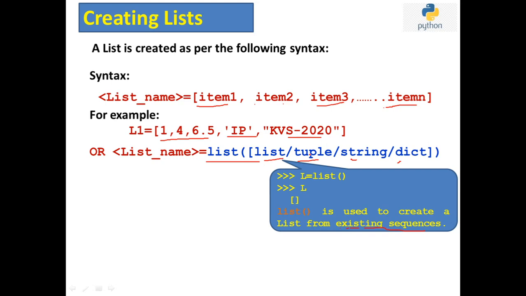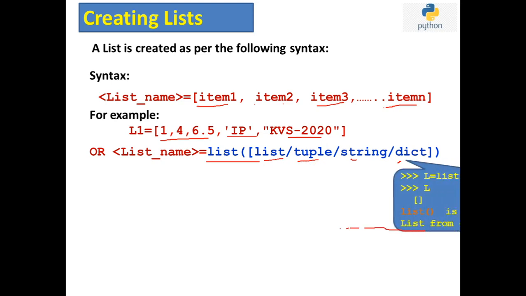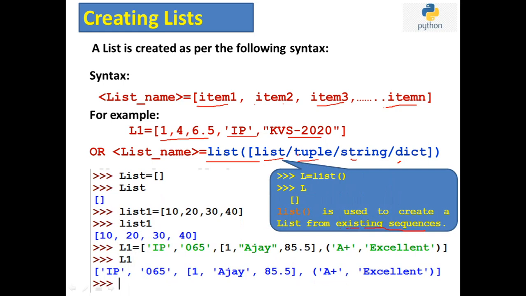Let's see some examples. I have created an empty list equal to square bracket, no elements are there. It is printing an empty list. Then again I am showing some elements, integer type elements, and some mixed type elements.